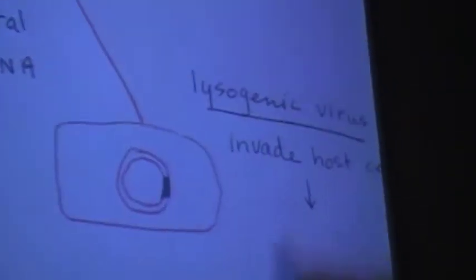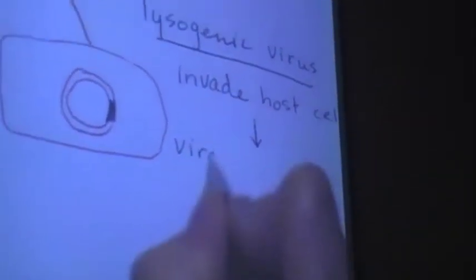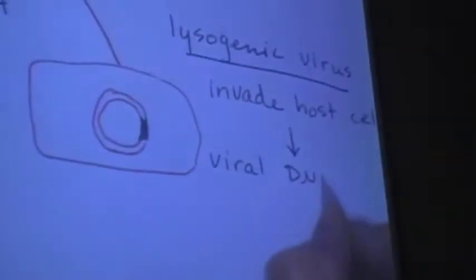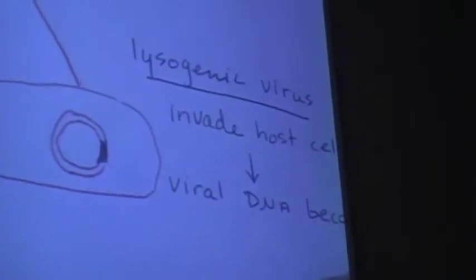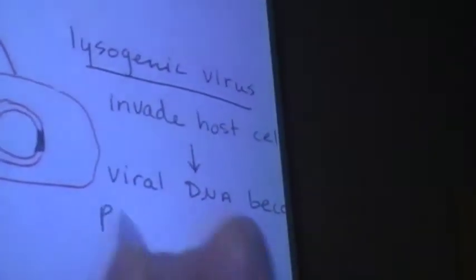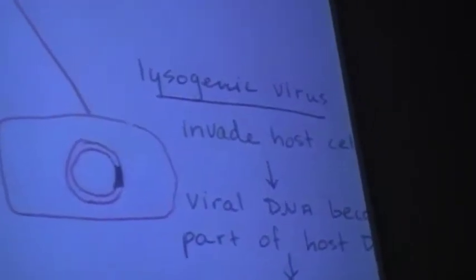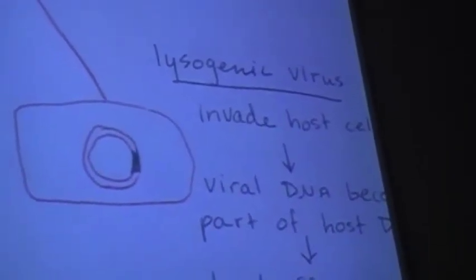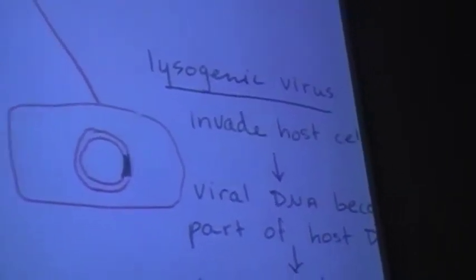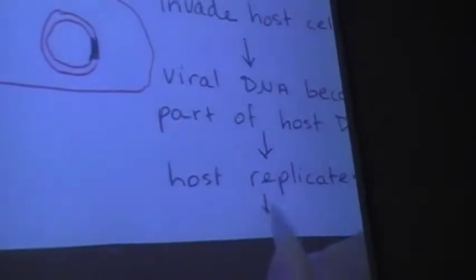Step two is viral DNA becomes part of host DNA. The host replicates, and then the cells can lyse.